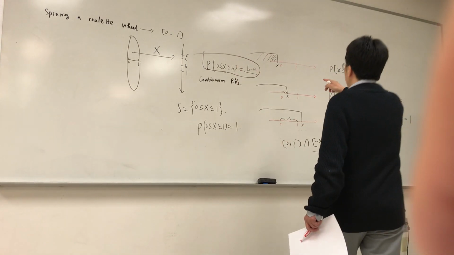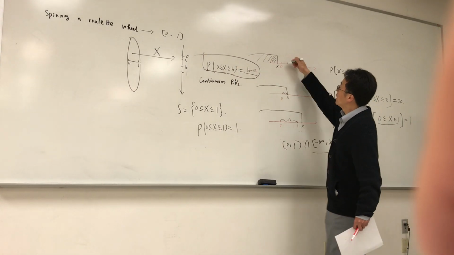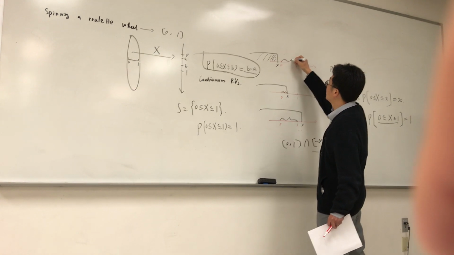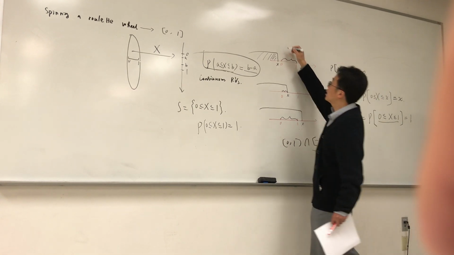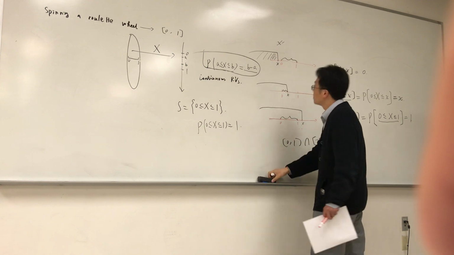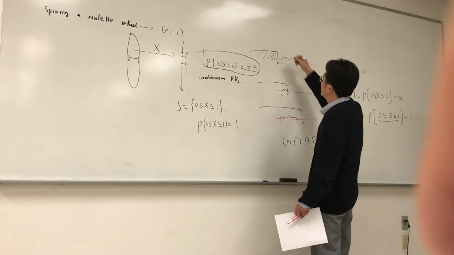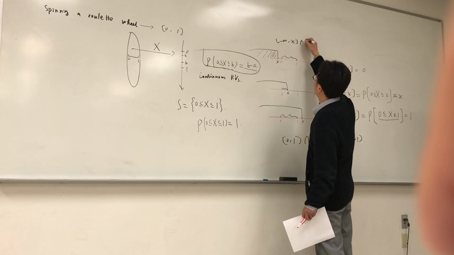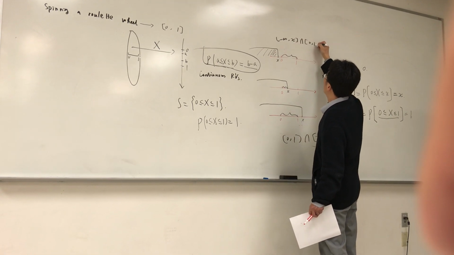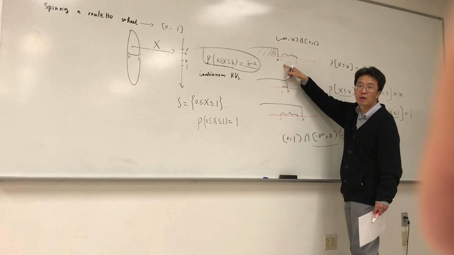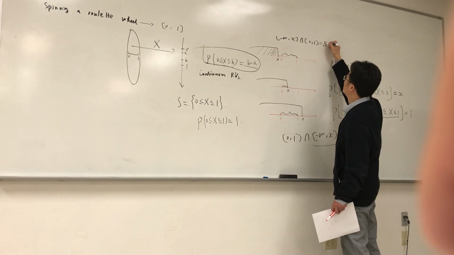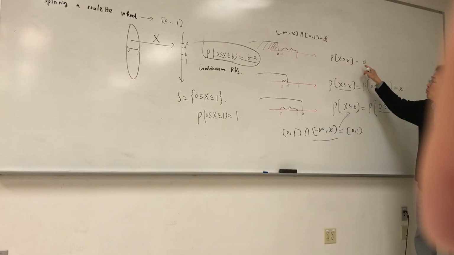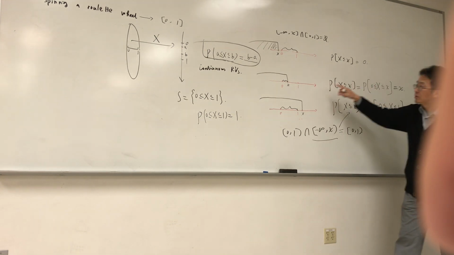For example, in this case, our sample space is here, right? And the intersection will be what in this case? This inequality is always minus infinity to x, intersected with 0, 1. In this case it is empty. So no wonder the probability is 0 here.